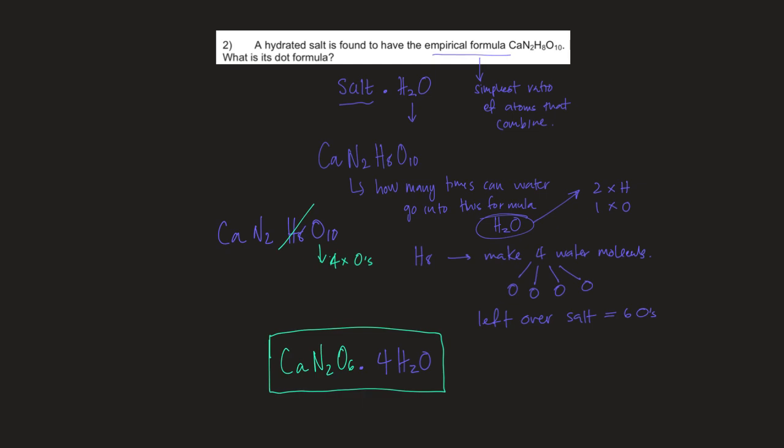You've got to see how many times does H2O, the molecule, fit into the empirical formula. So what they've given you is the number of atoms available. What they want you to do is turn it into a salt and its water combination, right?